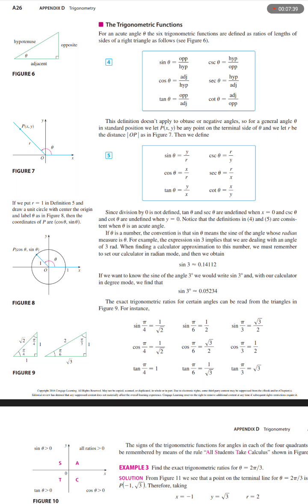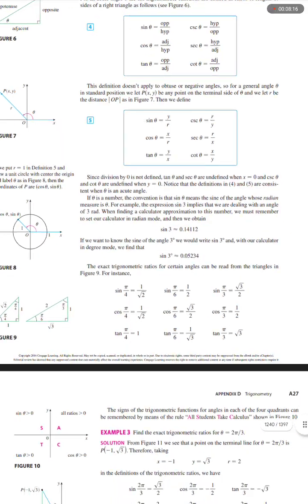The second triangle is a right triangle where there's an angle pi over 6 and its opposite is 1, and its adjacent is square root of 3, and the other angle that's non-right is pi over 3, and its adjacent is 1 and its opposite is square root of 3, and the hypotenuse is 2. Back to the text.